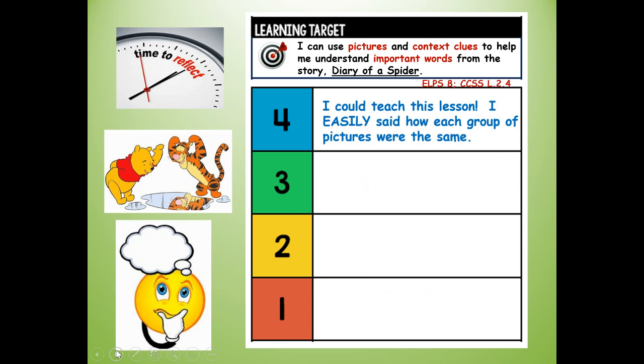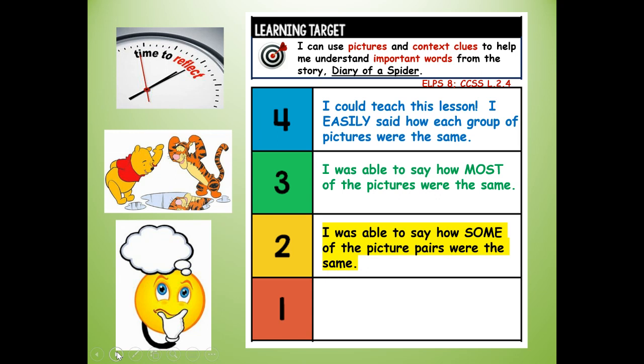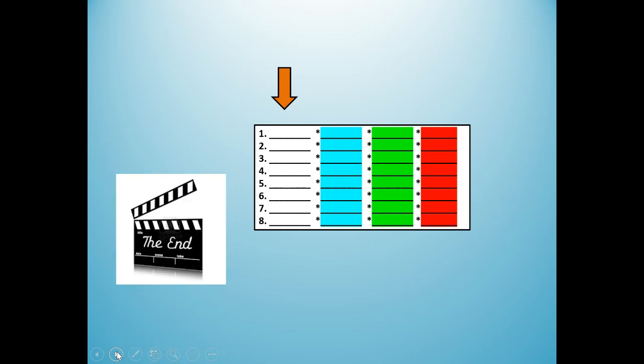I easily said how each group of pictures were the same. 3, I was able to say how most of the pictures were the same. 2, I was able to say how some of the picture groups were the same. Or 1, I was not able to say how any of the picture groups were the same. I should have said groups and not pairs. So how do you think you did? 4, 3, 2, or 1?